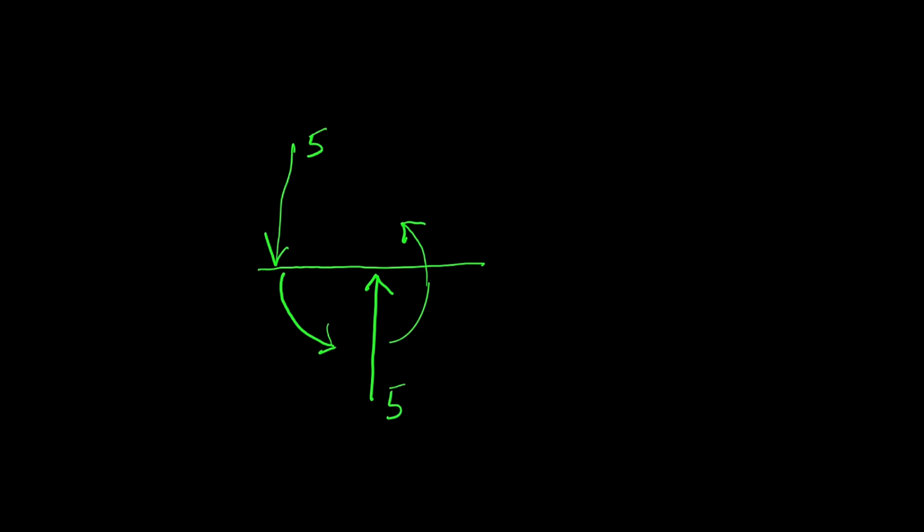Now when this happens, the object won't stay still. Instead, it is being rotated, as you can see here. We call this scenario an unstable couple, this being 1, this being 2.